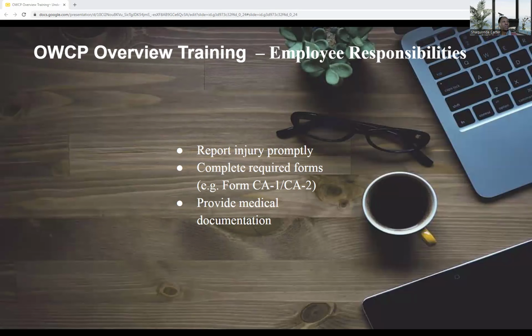For the employee responsibility, the employee starts the process, so timely reporting is critical. It's very important for you to report the injury promptly, complete the required forms, and provide the medical documentation.